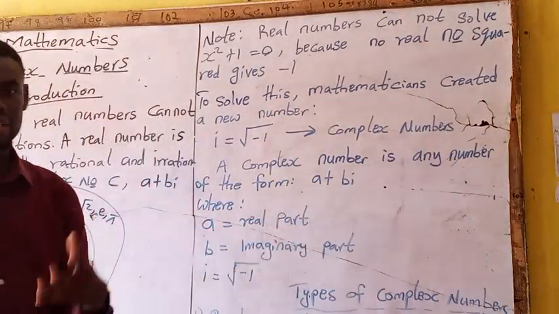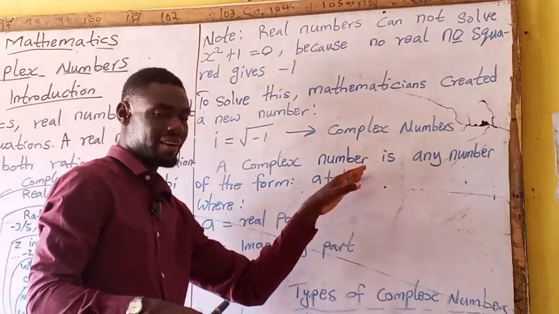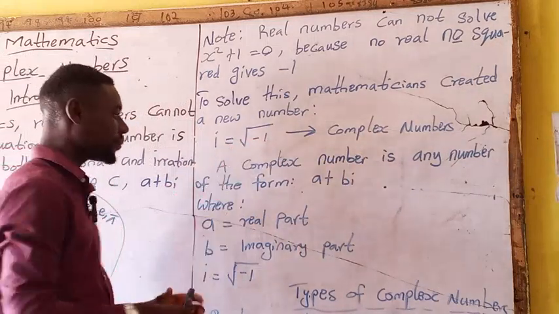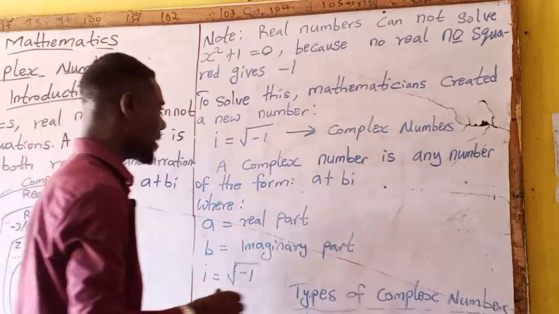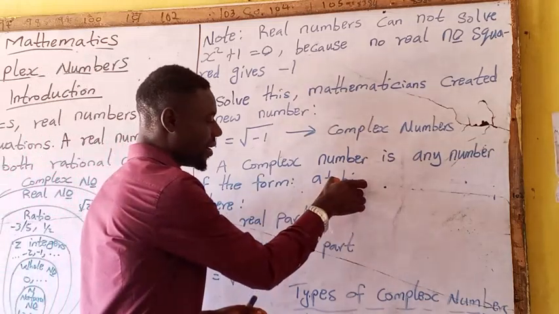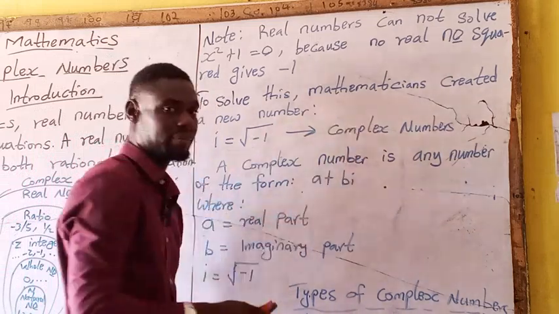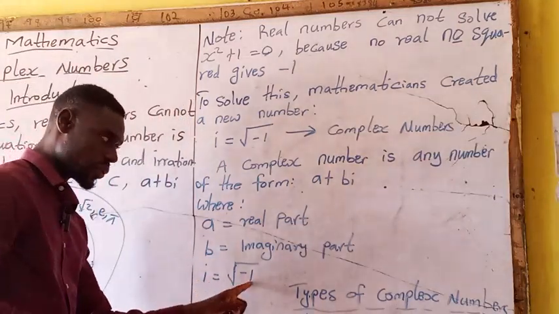It can be 5, it can be 6. It's not attached with any i. This i, remember, is talking about your complex number. Then your b is your imaginary part. Imaginary part in the sense that it is this particular area that is being affected by the complexity of the complex number there. Okay, and you know that your i is equal to root minus 1.